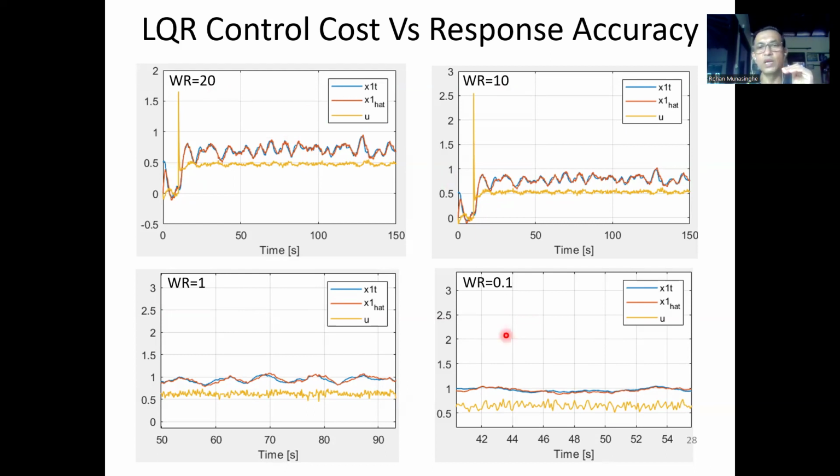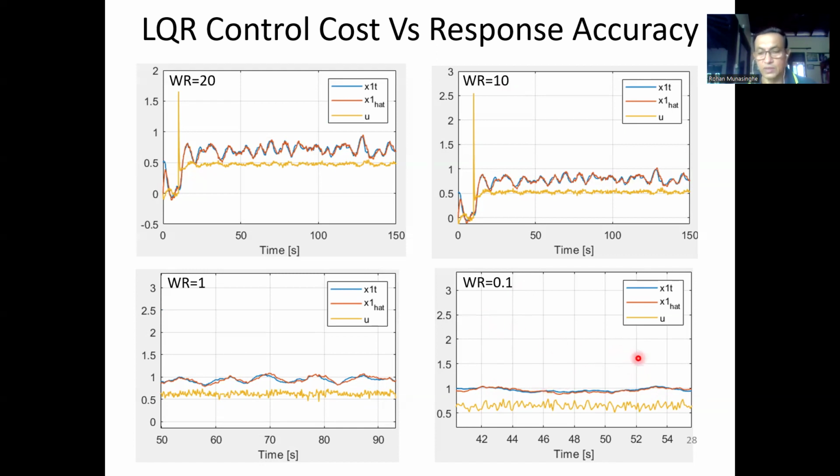That's why in the last figure, when WR is 0.1, with very cheap fuel, you use as much energy as needed to get x1 to rise up to 1. And whatever remaining changes up and down is because of noise.